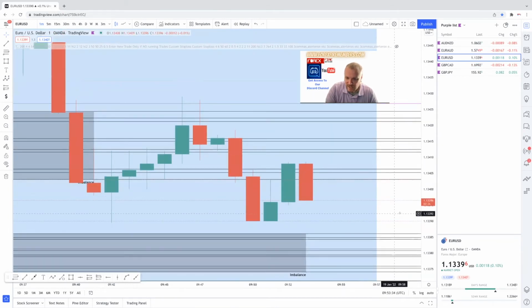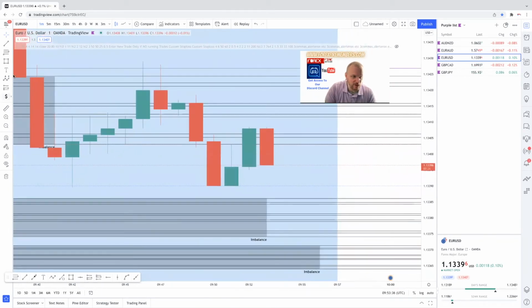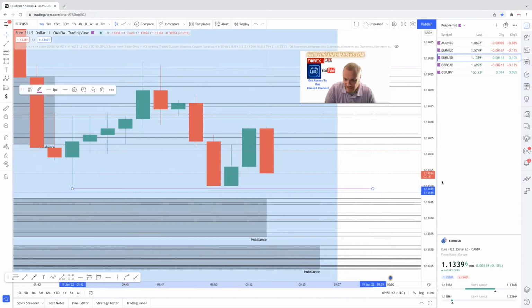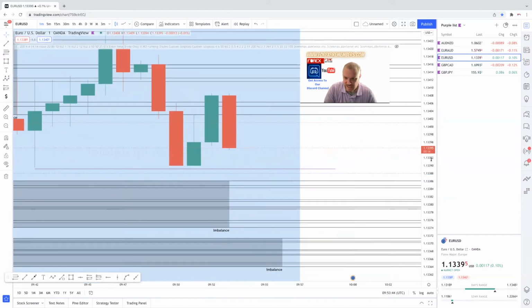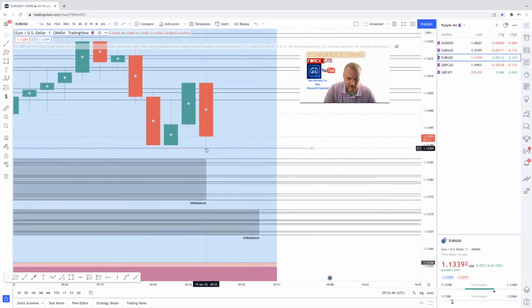Okay, so now when you look at this, we've got an area of liquidity on the bottom side here. And if we come in to attack that and we take that out, we would then be looking at the two lower areas of imbalance, which we marked out earlier this morning.